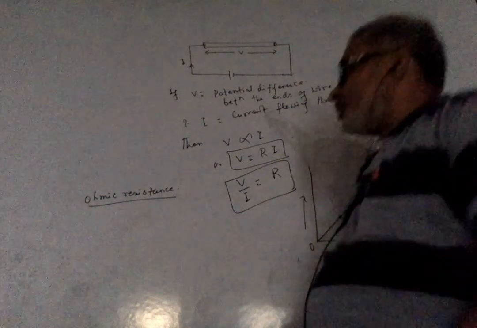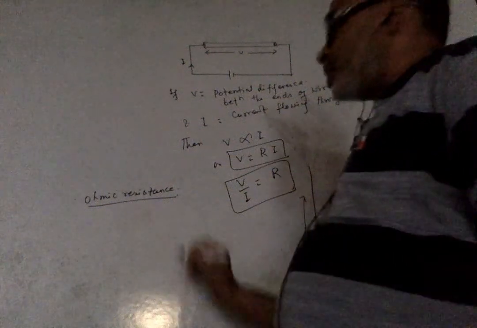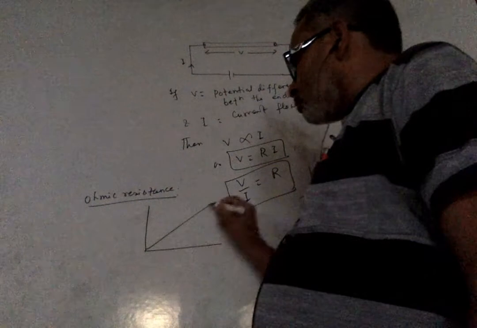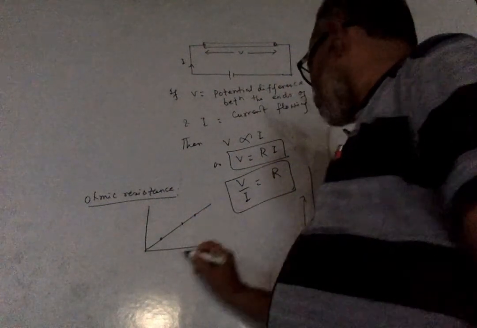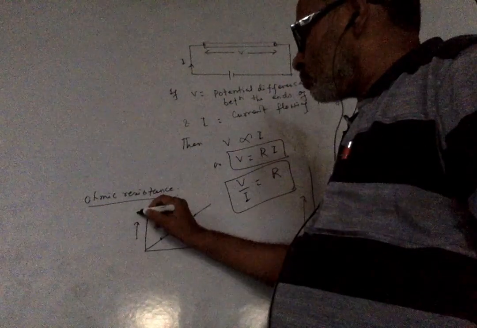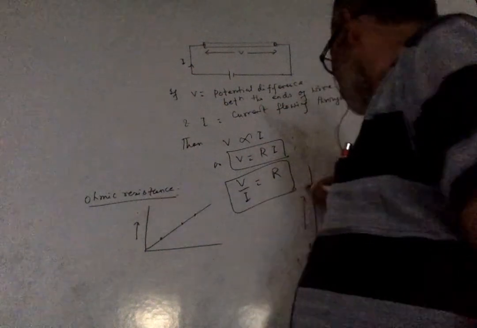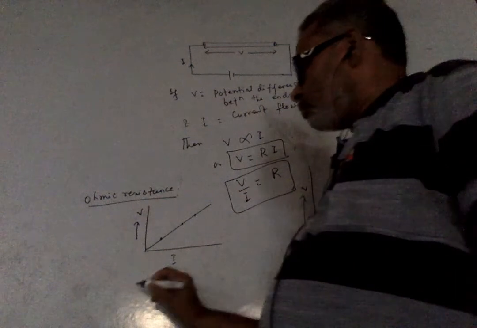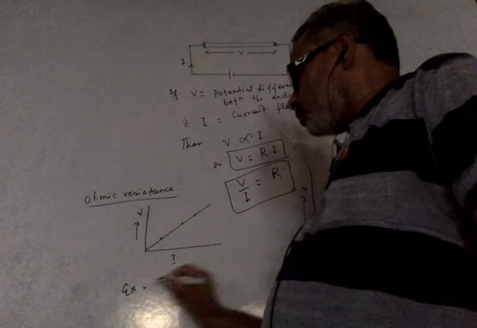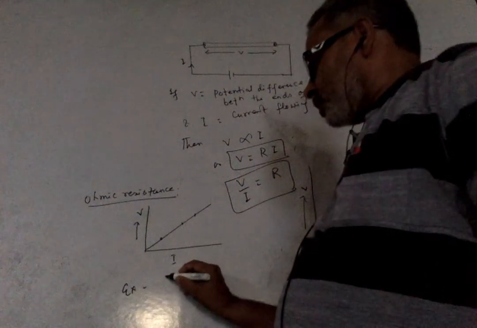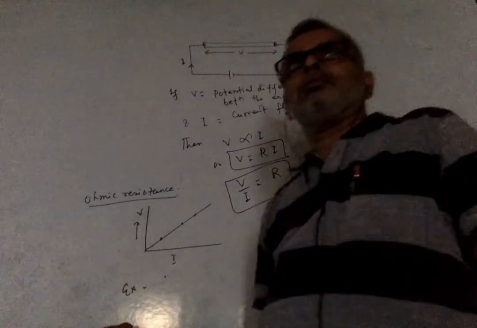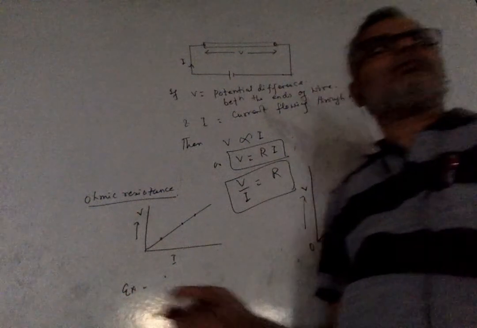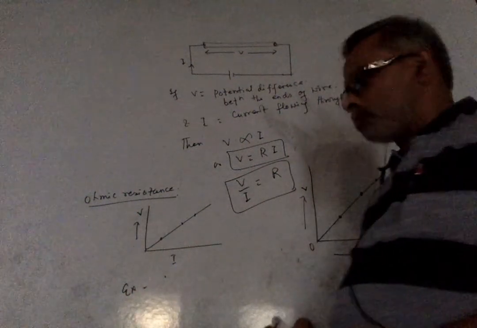Its VI graph is a straight line. For example, metallic conductors such as aluminum, copper, silver, gold, etc.